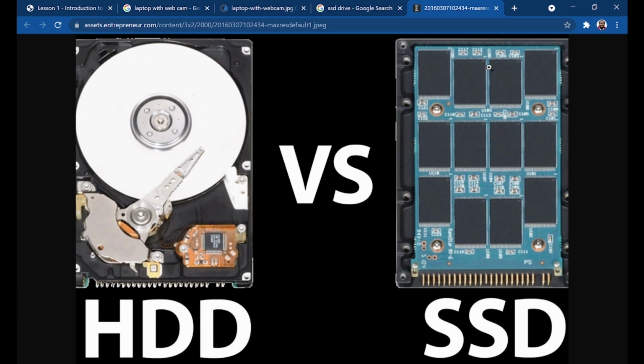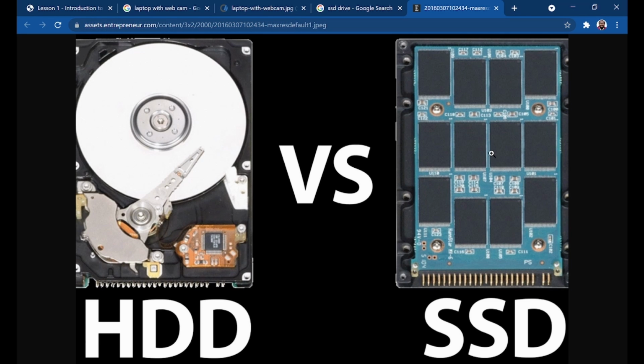And because SSDs are designed this way, they are super fast. Solid state drives. So the design was the problem with hard drives, but with SSDs, we have a modern design.